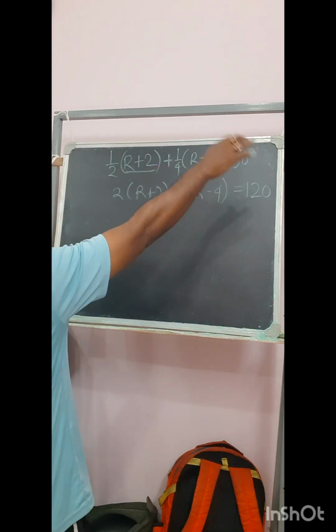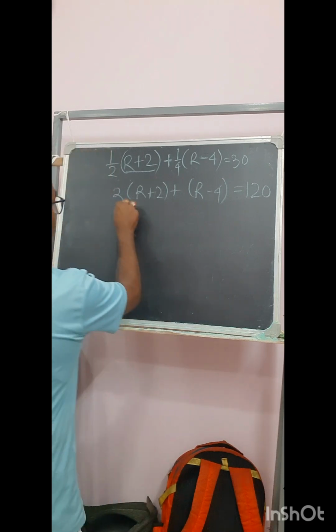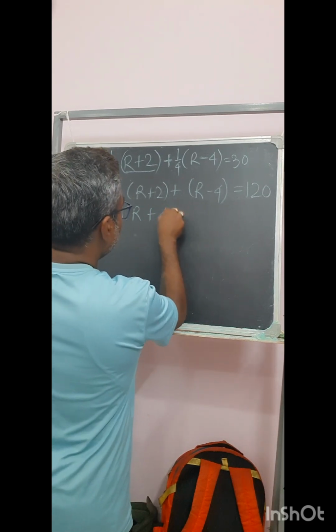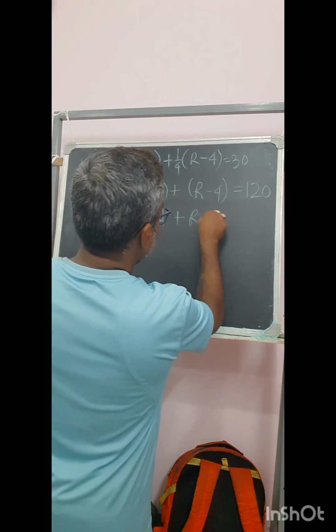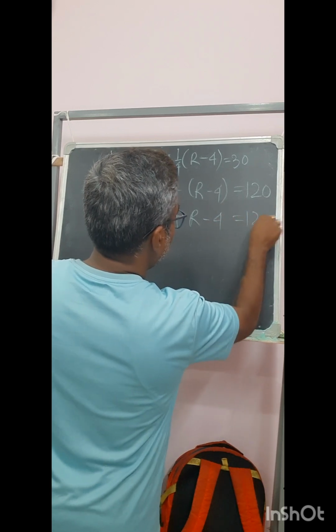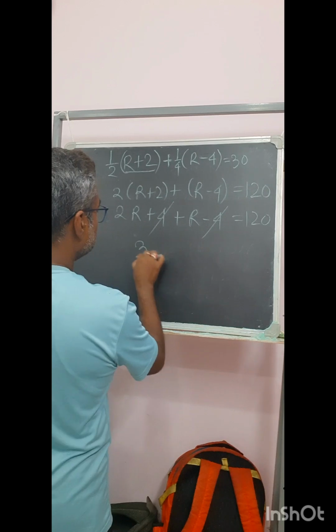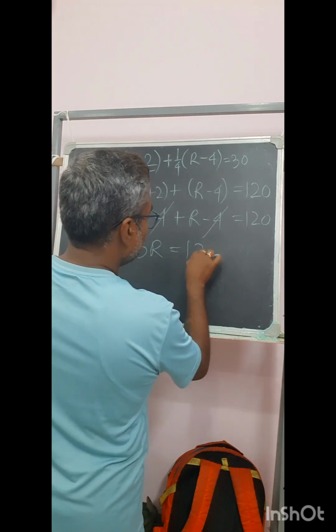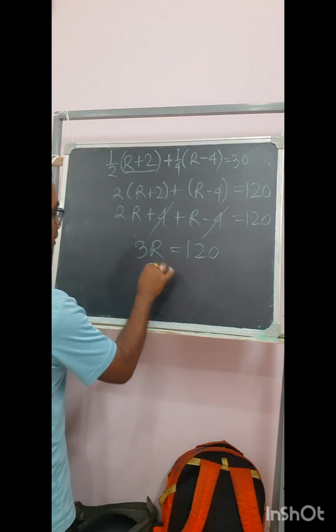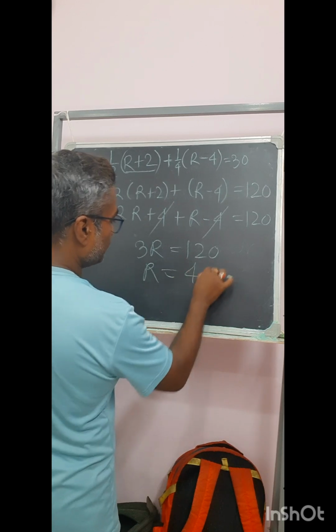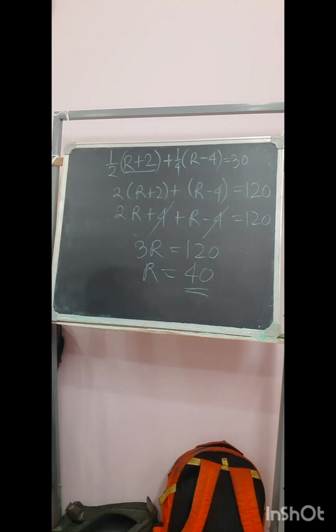Multiplying with 4 on the left hand and right side, I will get 2(R plus 2) plus (R minus 4) is equal to 120. Now you can see the 4 cancelled out. This is 3R equal to 120, and R will become 40. So Ruby's present age is 40.